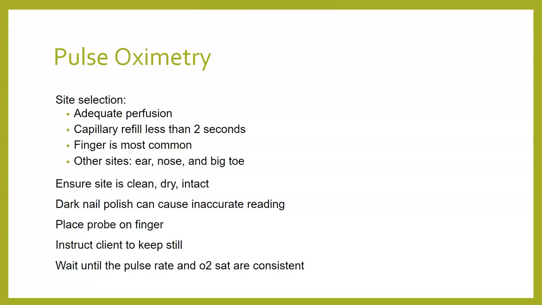If someone's extremely cold or something like that, and their fingers don't have good perfusion for whatever reason, you're not going to get an accurate reading on that pulse ox. Other sites that can be used are the ear, nose, and big toe.